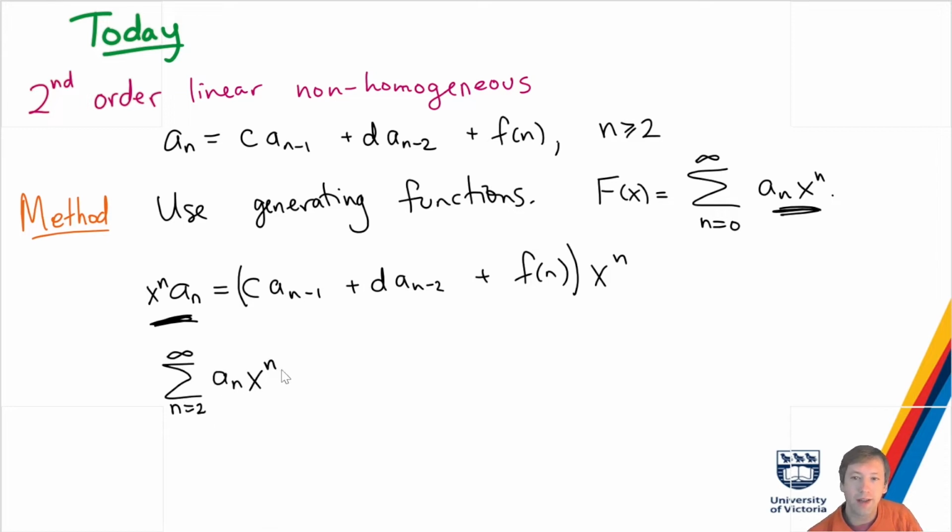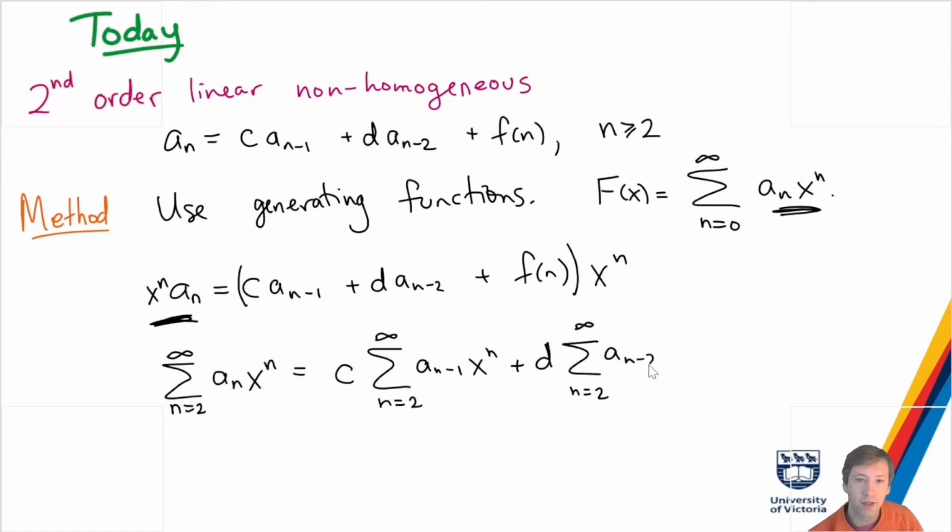So on the left side, I have a_n x^n, and on the right side, you could write this as 3 different sums, right? So you have c times the sum from n equals 2 to infinity of a_{n-1} x^n, plus d times the sum from n equals 2 to infinity of a_{n-2} x^n, plus the sum from n equals 2 to infinity of f(n) x^n.